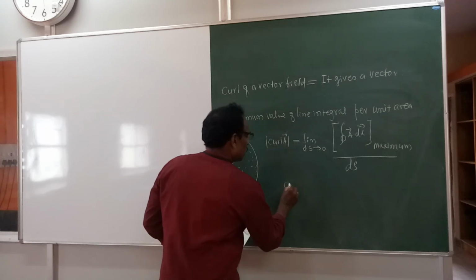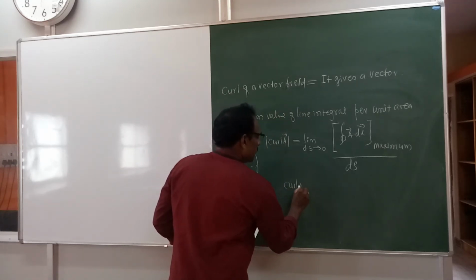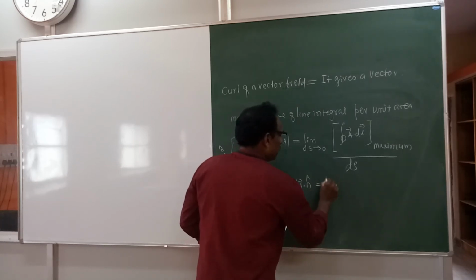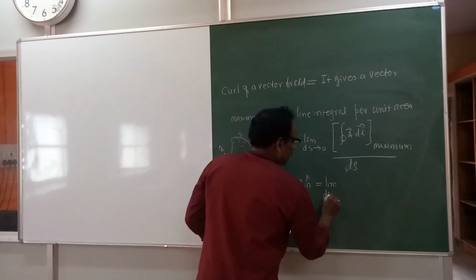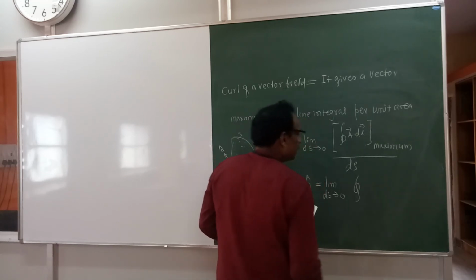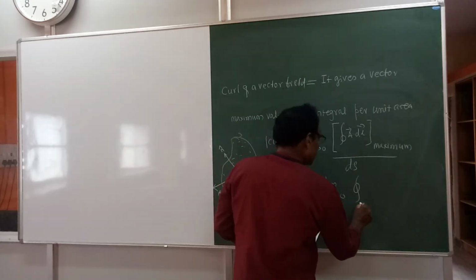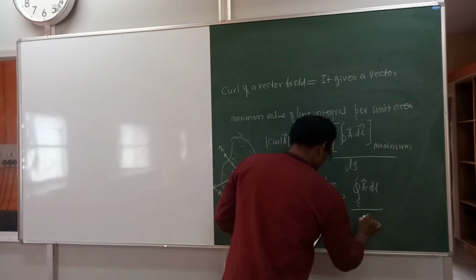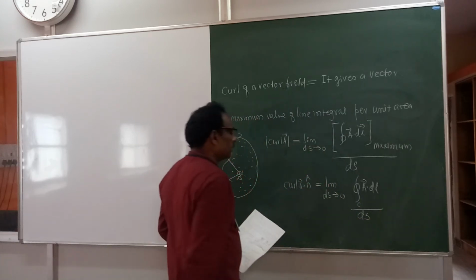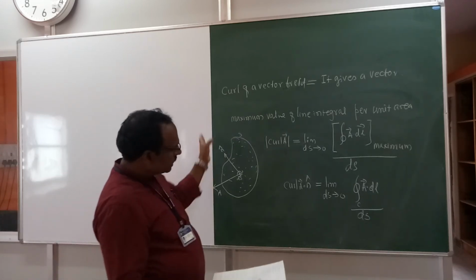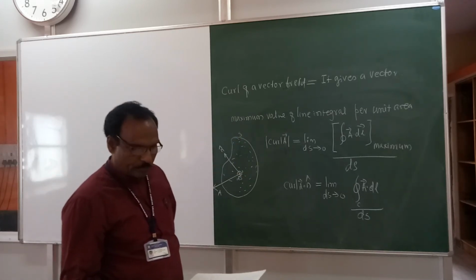See, curl of A dot n is limit ds tends to 0 of the closed line integral of A dot dl by ds, where n is a unit vector along the normal to the test area here.